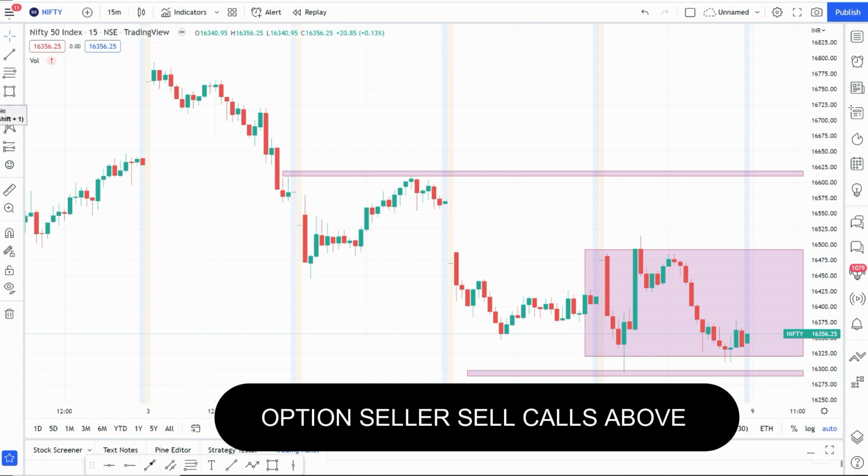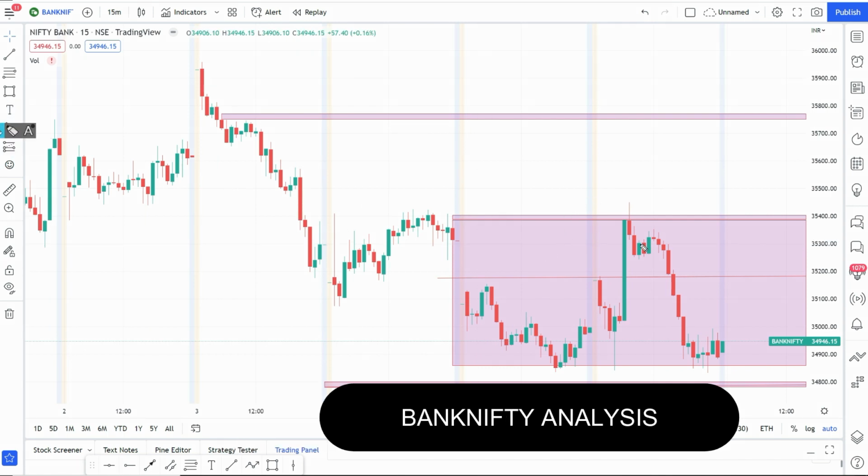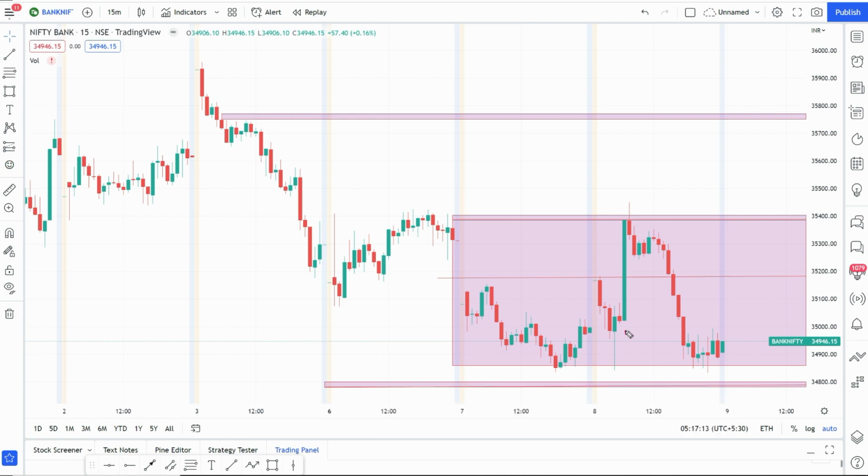Now let's see the analysis for Bank Nifty. The levels remain quite the same as I discussed in my previous analysis video. After the meeting, or during the announcement itself, we got this big candle.